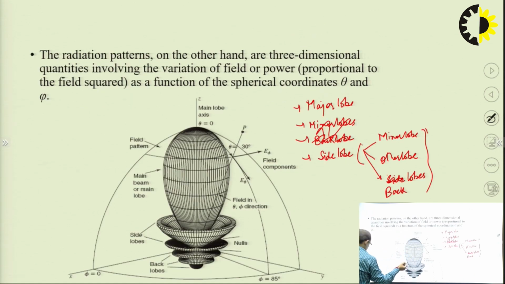So this radiation pattern can be drawn as a two-dimensional figure like this one.